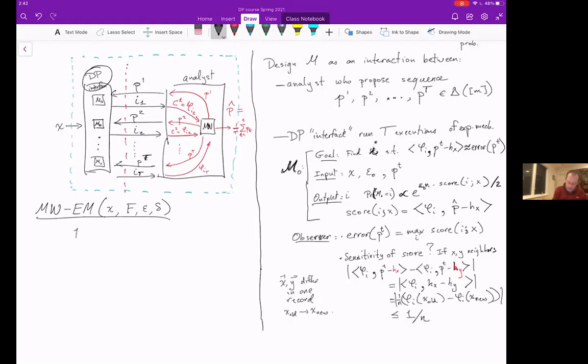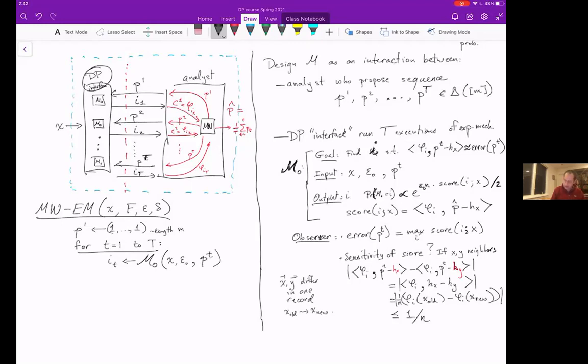But anyway, the basic idea: it sets P1 to be the all ones vector, a vector of length m. And then for t equals 1 to big T, I sub t is going to be what we get by running M naught on X, epsilon naught, and P sub t.